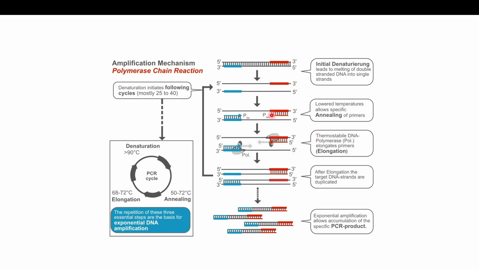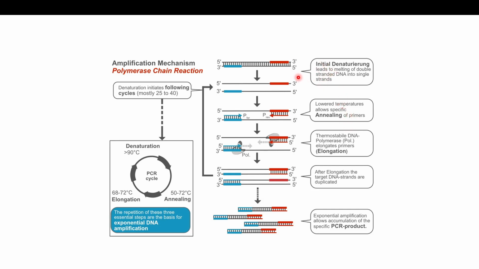And then you have primers designed specifically for the particular sequence of DNA. These primers bind at the 3' end. Basically, the polymerization will take place from the 5' to 3' end, right? So it will bind at these 3' ends, which is called annealing of primers.